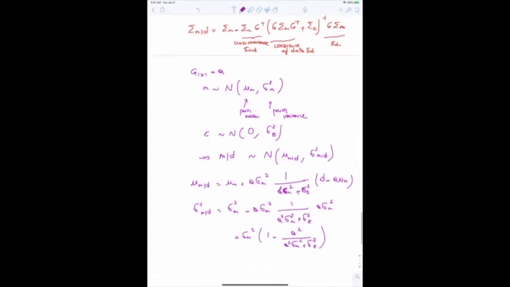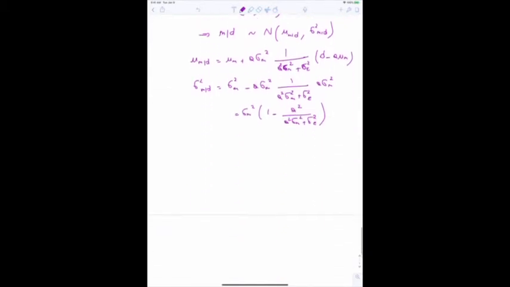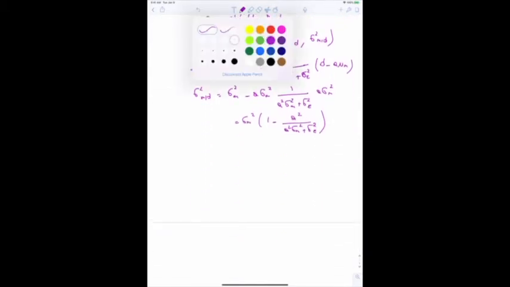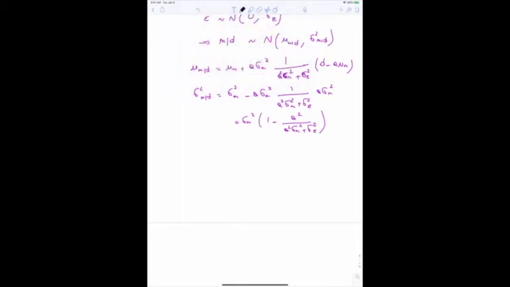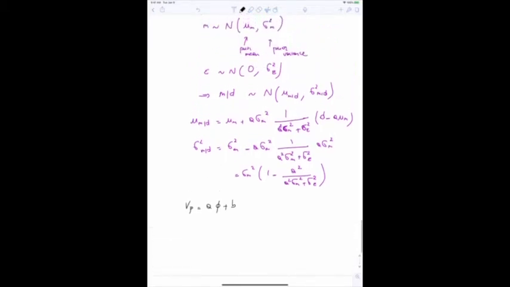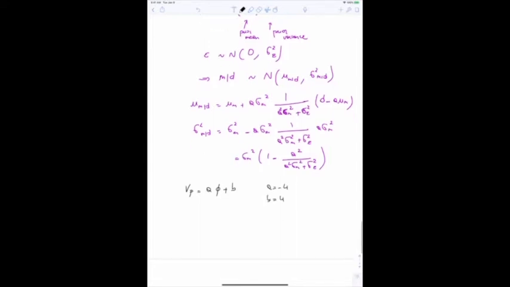I'm going to do the multivariate case. In the homework, essentially, I'm going to give you the Han equation, Vp equal A porosity plus B. So A is going to be equal to -4, B is going to be equal to 4.